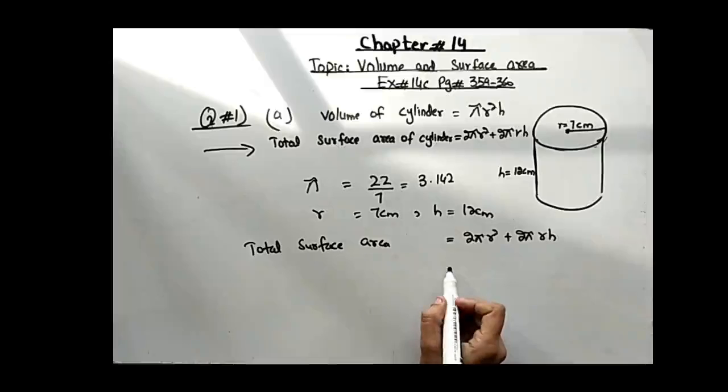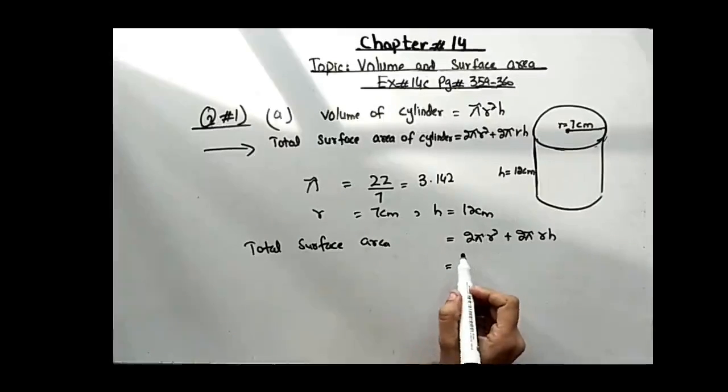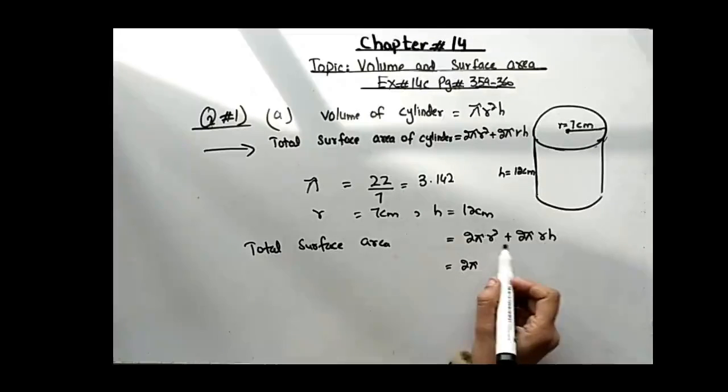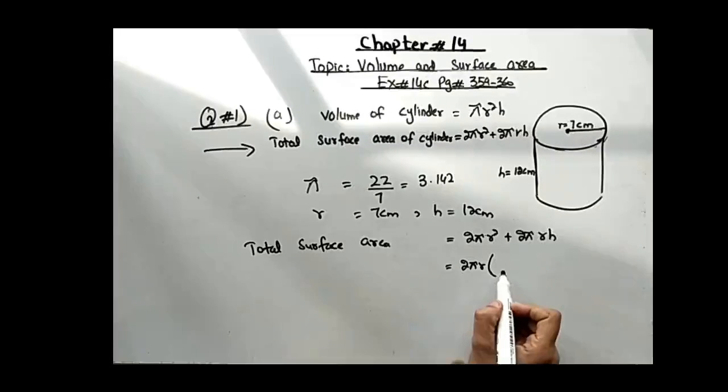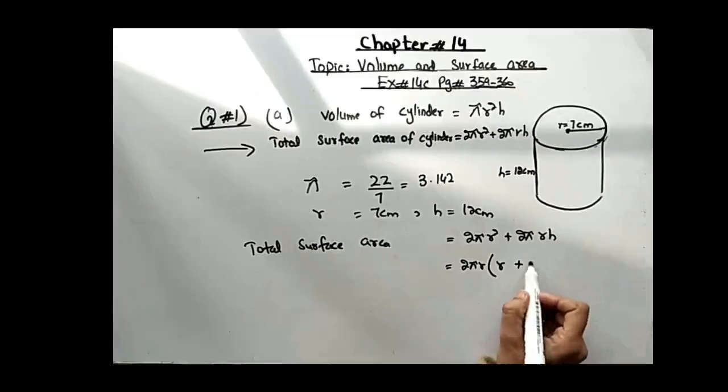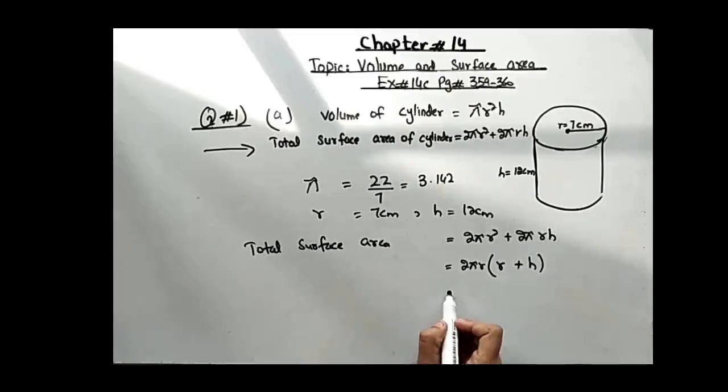So keep in mind, beta, in this expression, can we take common 2 pi, and r is also common? Then just single r will be left inside the bracket plus, and here h will be left.